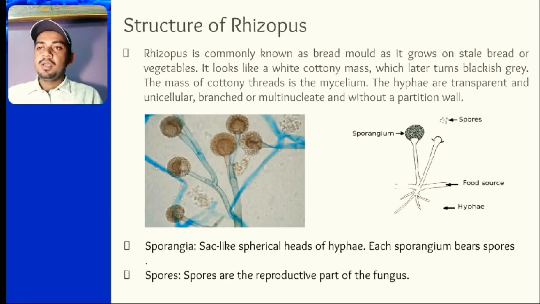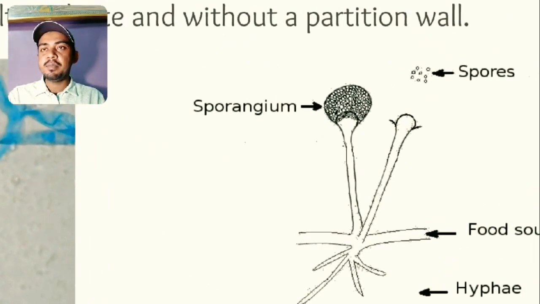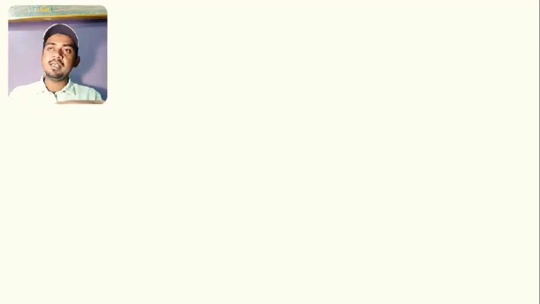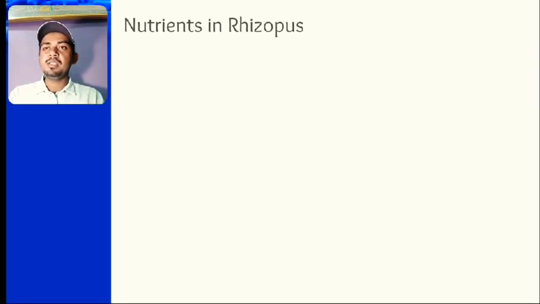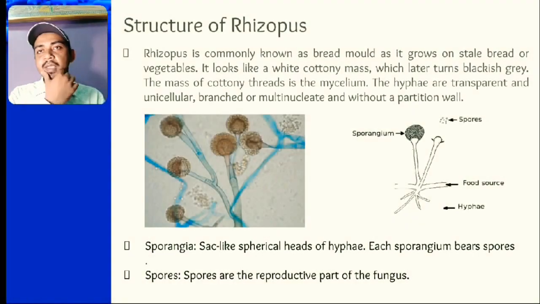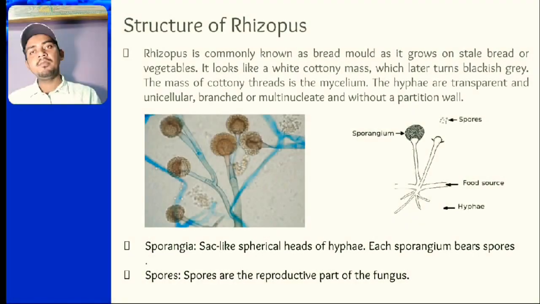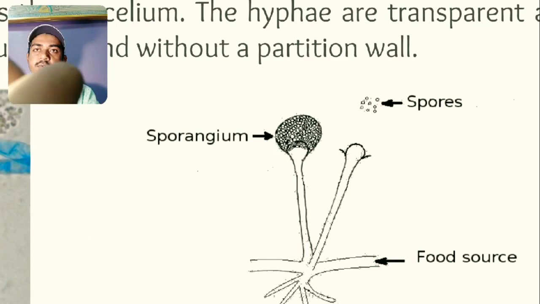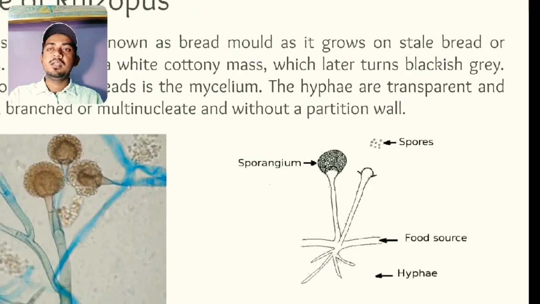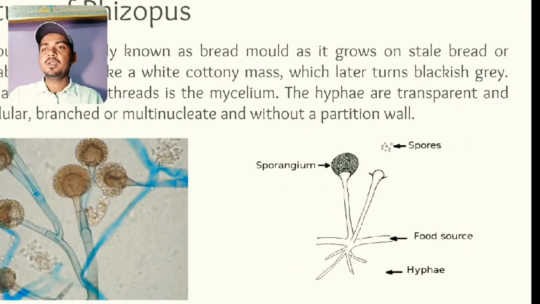Here in this big image, the sporangium is here, and on the right-hand side one sporangium is missing and spores are flying from there. This is the food source hyphae.